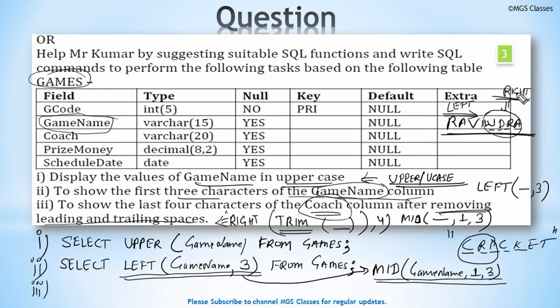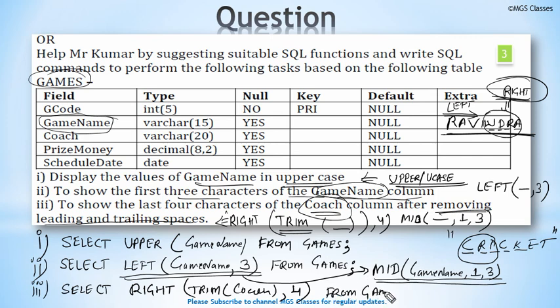So I am writing this query: SELECT, and then first you need to apply the TRIM function, because we need to remove the leading and trailing spaces from this column coach. So TRIM(coach), and then you apply the RIGHT function with 4 here, and from the games table. So this way you can solve this query.